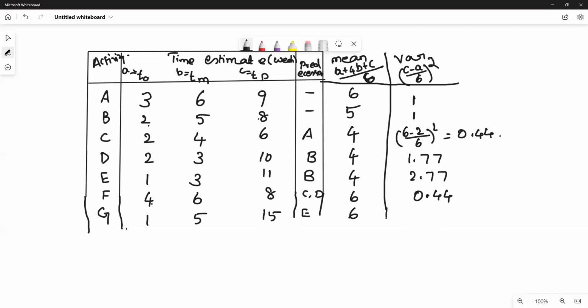Again 15 minus 1 by 6 the whole square, that is 5.44. These are all the mean and variance.